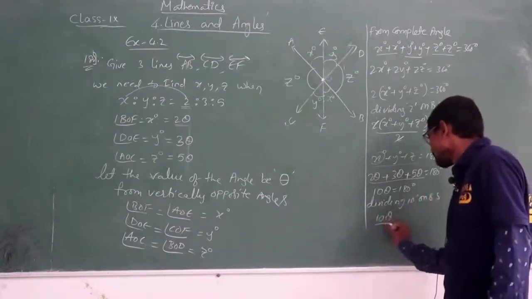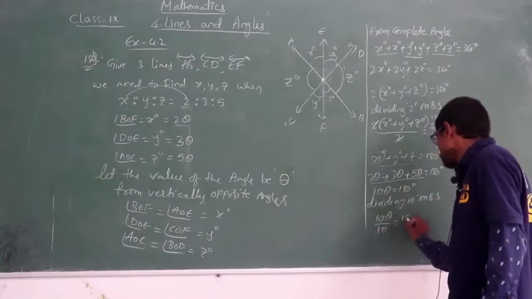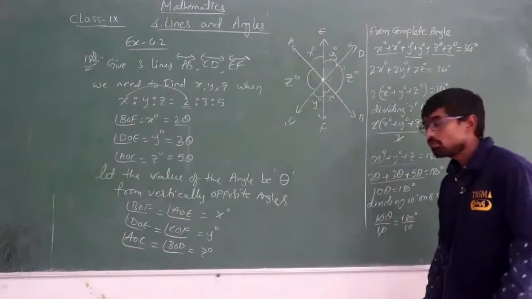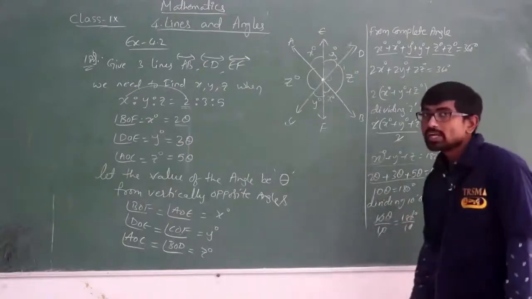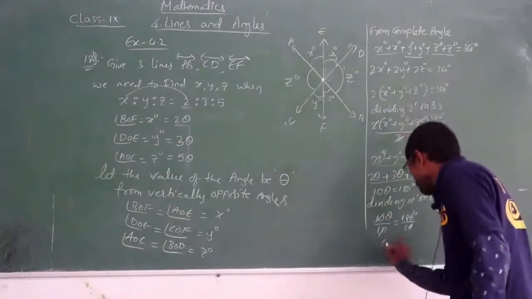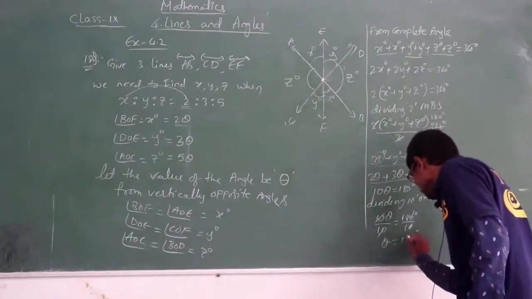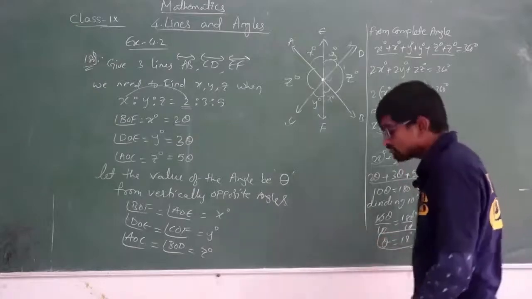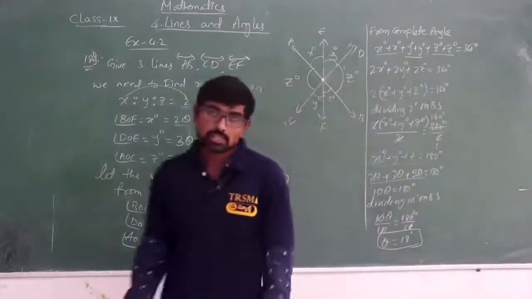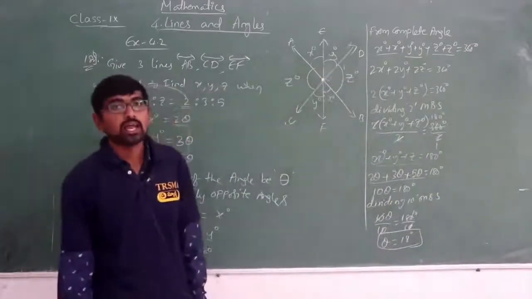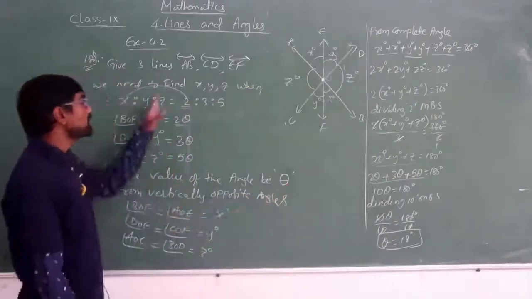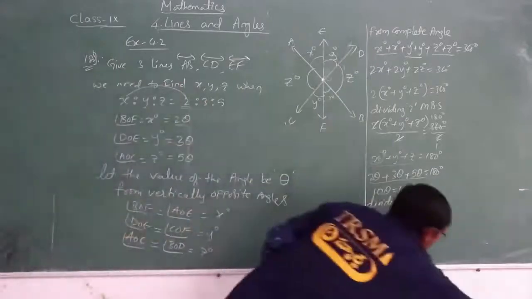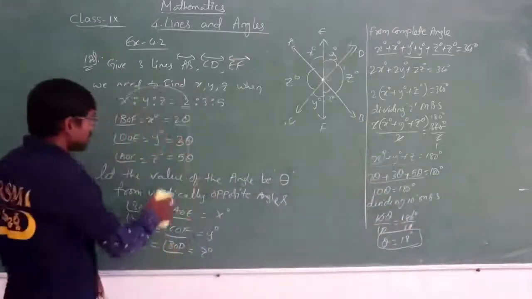So 10 theta divided by 10 is equal to 180 degrees divided by 10. 10 by 10 is 1, and 180 by 10 is 18. So theta is equal to 18 degrees. We have got the exact value of that angle, so from that we can exactly find the values of x, y and z. Hope you all understood this. I am erasing this.